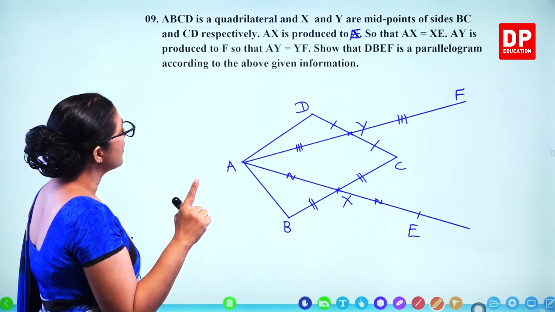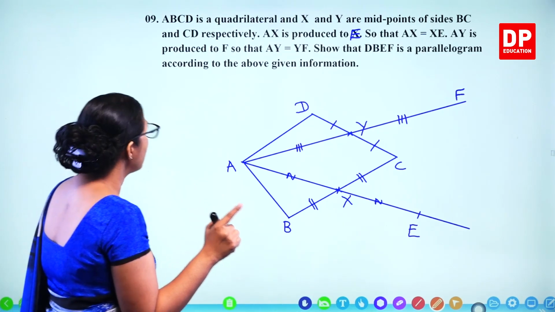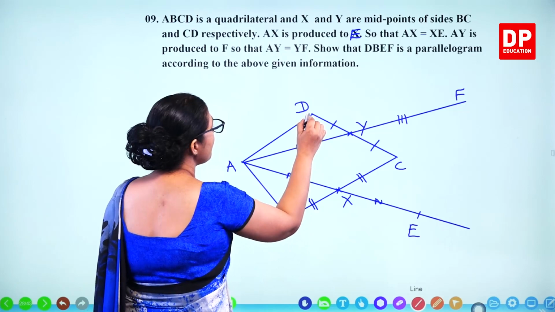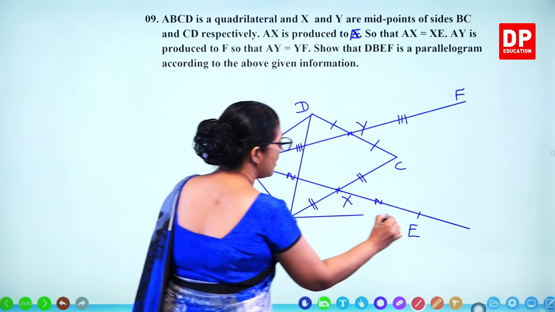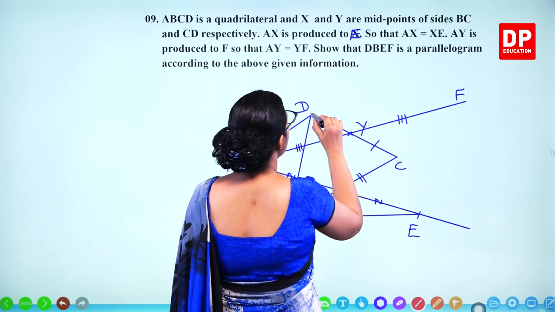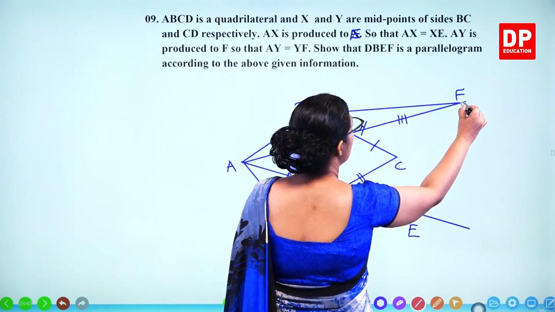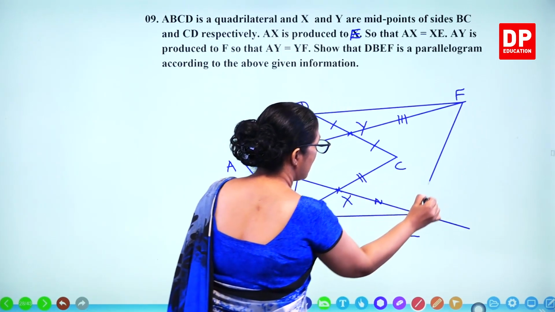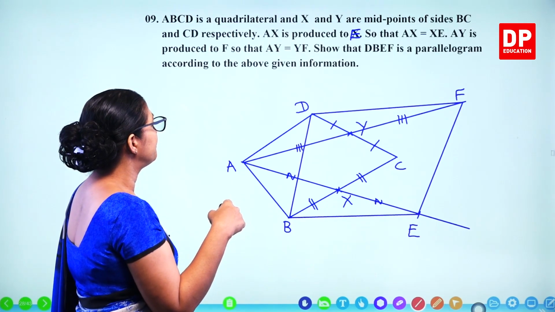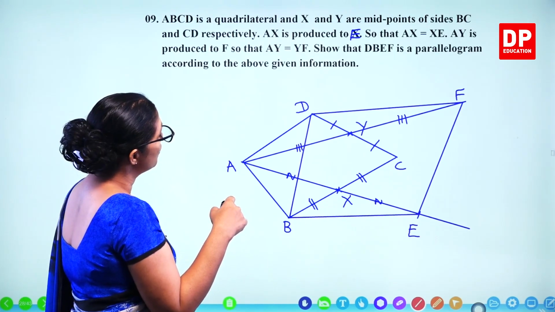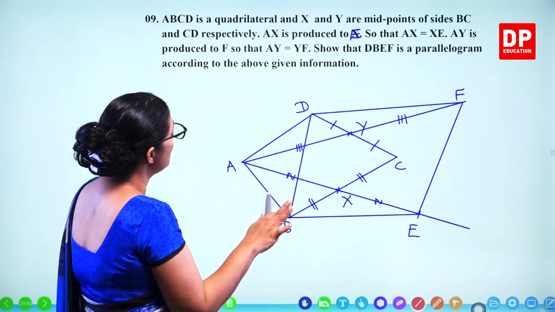Show that DBEF is a parallelogram. We'll connect DBEF. So you have to show that it's a parallelogram. So let's do that in the next page. So this is the diagram.